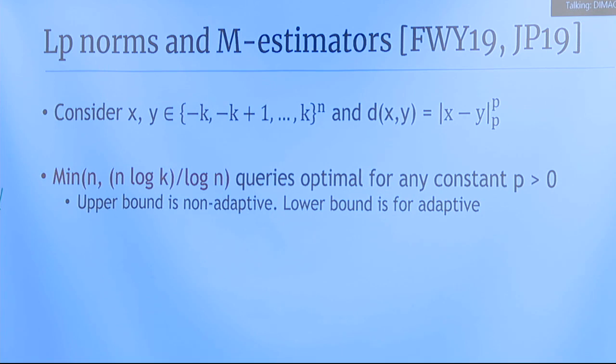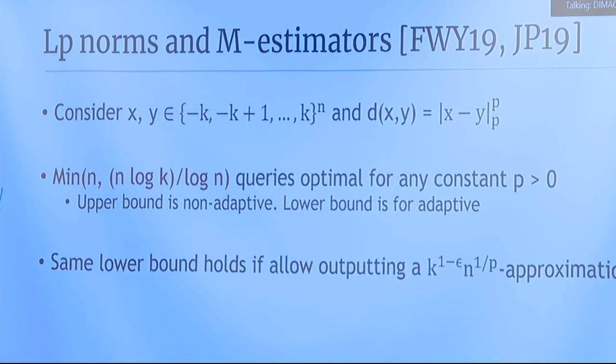When p is less than 1, it's not a norm, but it's still a well-defined quantity. So it's interesting that when k is constant, you're getting a savings over the n upper bound. You're getting n over log n. The upper bound is non-adaptive, as you might like, and the lower bound holds even for adaptive algorithms.